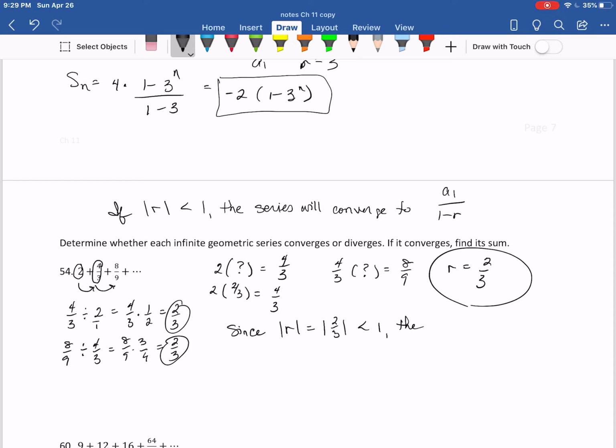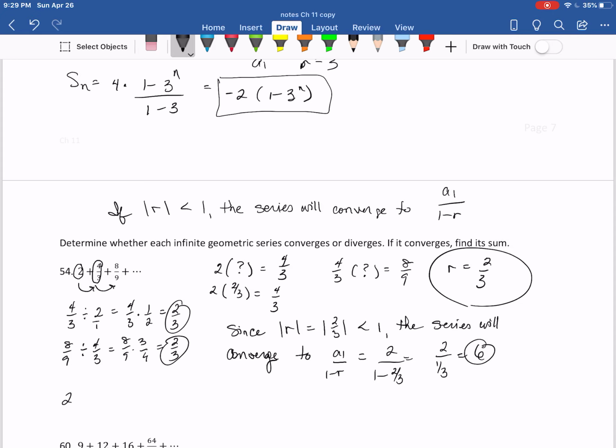The series will converge to whatever a1 divided by 1 minus r is equivalent to. a1 equals 2, and 1 minus r is 1 minus 2/3. This is 2 divided by 1/3. This equals 6.